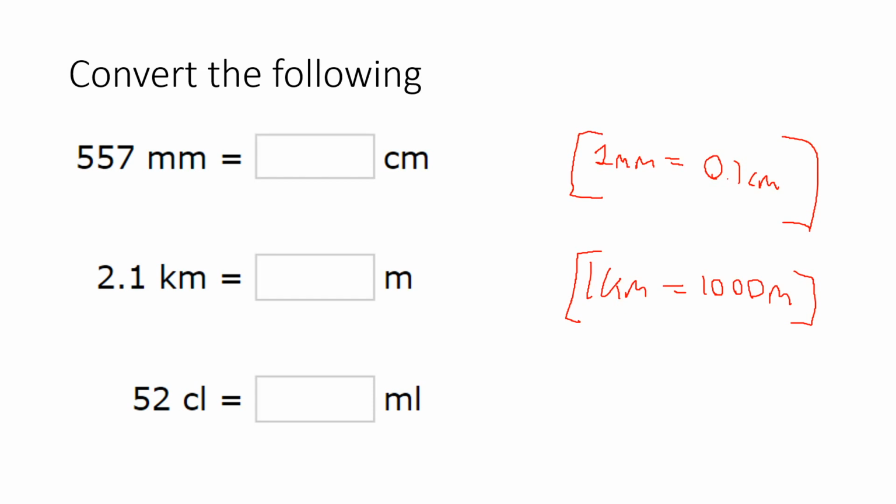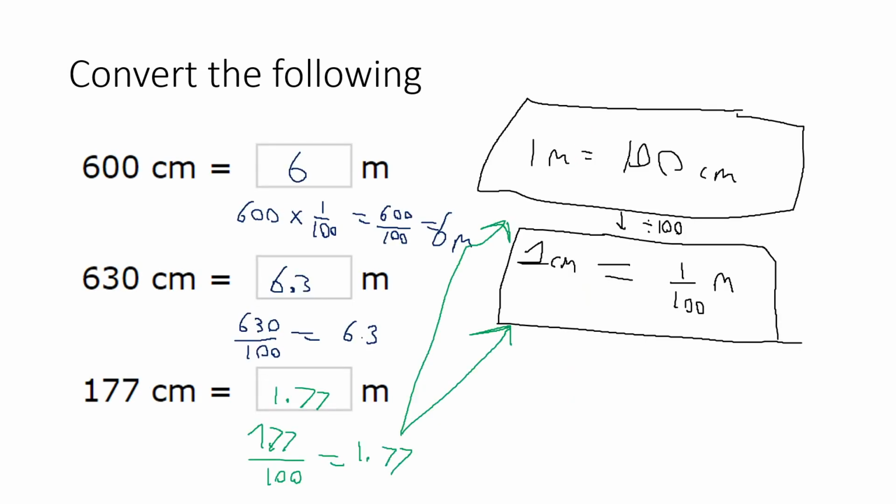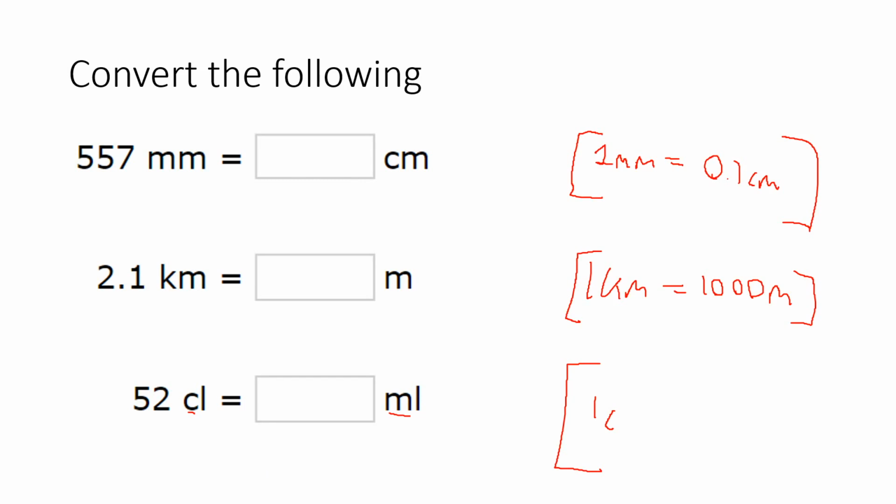And what about centiliters to milliliters? Well, if you know that 1 centimeter is equal to 10 millimeters, from this one here which we can see, how can we work out what 1 centiliter is? Exactly, just times it by 10.